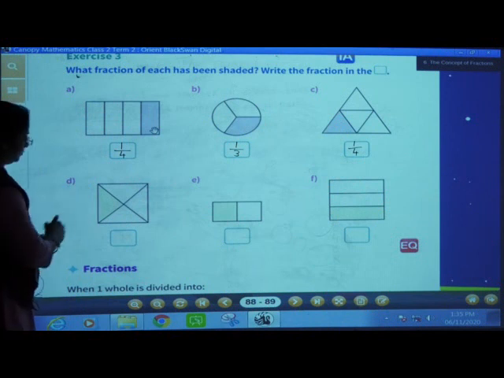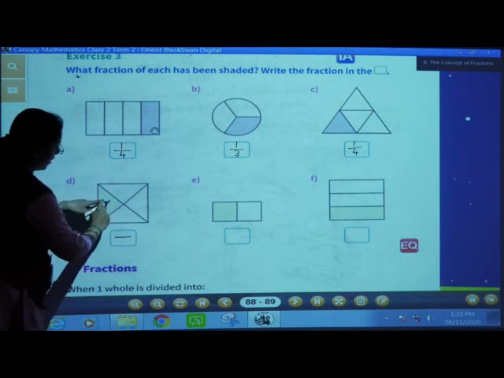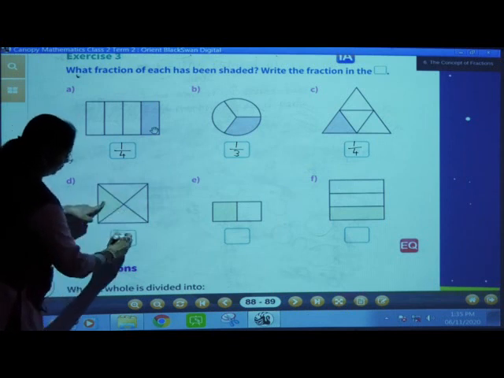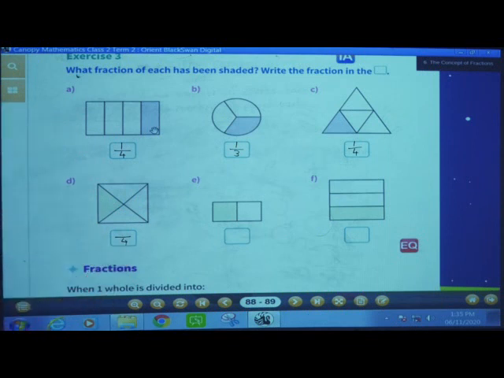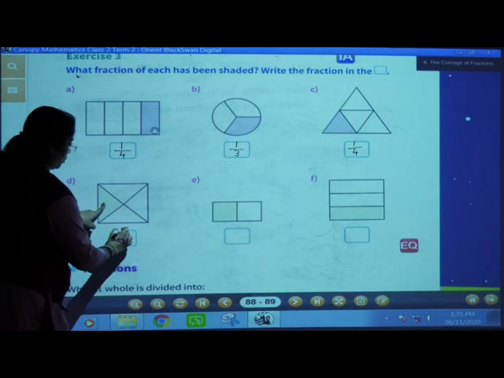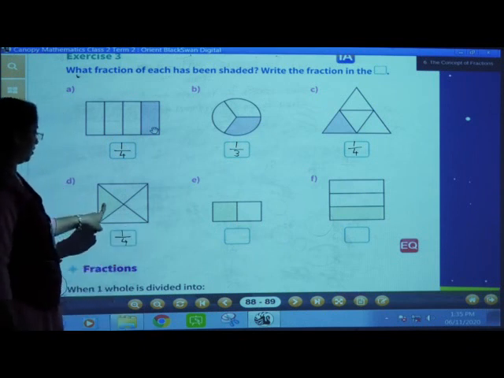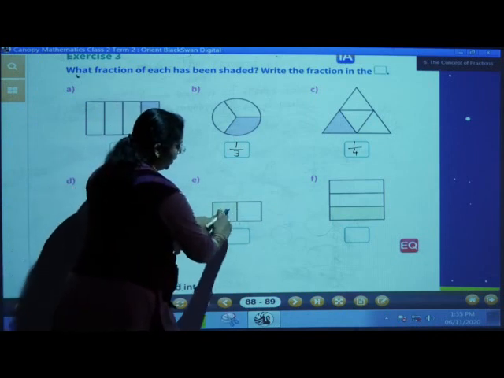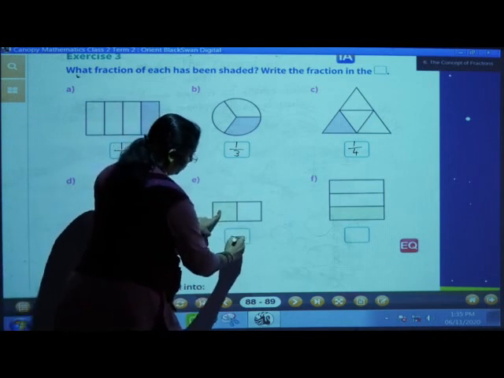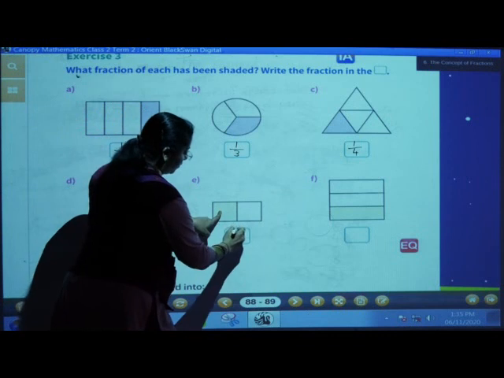D number, equal parts 1, 2, 3, 4 and shaded part. What part has been shaded? 1. So write 1 upside. So this is 1/4. Now this one, total equal parts 2 and shaded part 1.